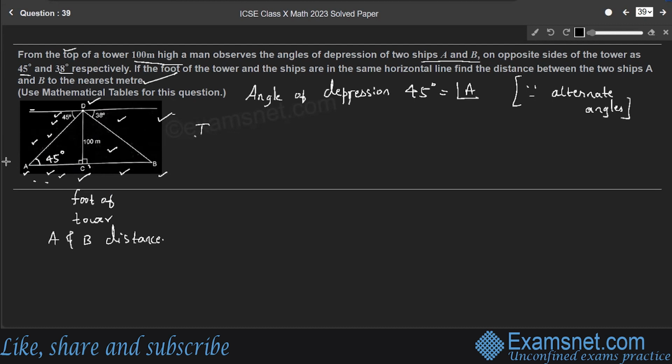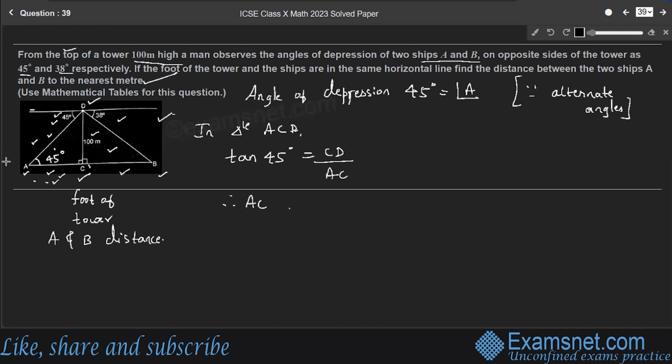So in triangle ACD, the trigonometric function to be used is the one which relates the opposite side and the adjacent side. We don't need the hypotenuse here. Here the angle is given, which is 45 degrees. So this angle should be related to its opposite side and the adjacent side. So the function should be the tan function. So in triangle ACD, tan 45 is equal to, the opposite side is CD, and the adjacent side is AC.